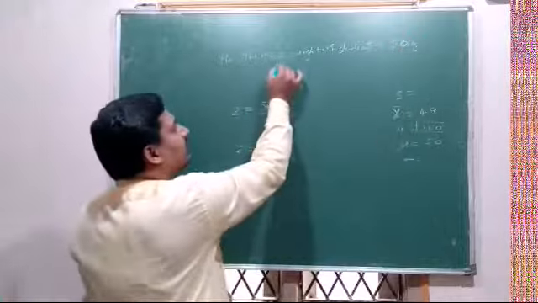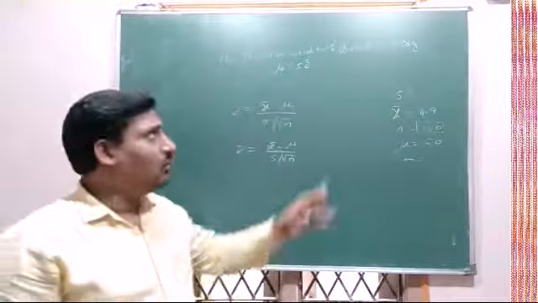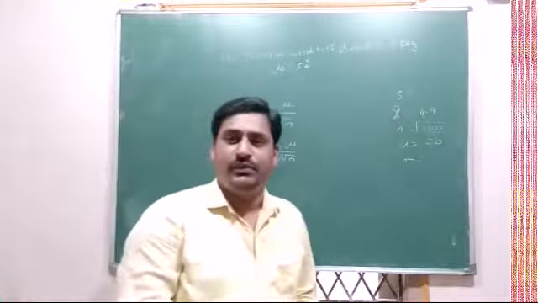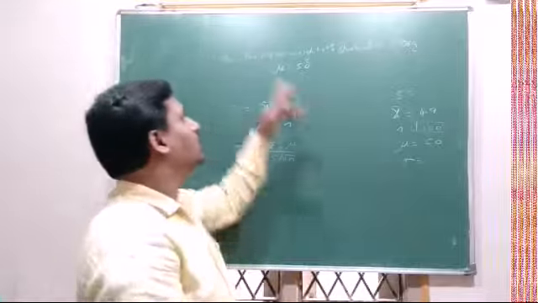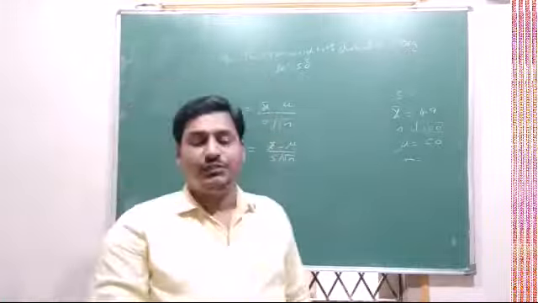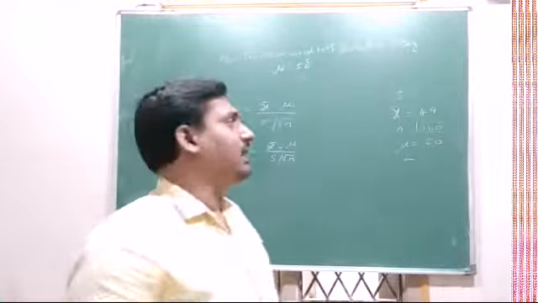Symbolically, mu is equal to 50. Don't write directly mu is equal to 50. Write it in a sentence first, the mean weight of students is 50 kg, then show it symbolically.